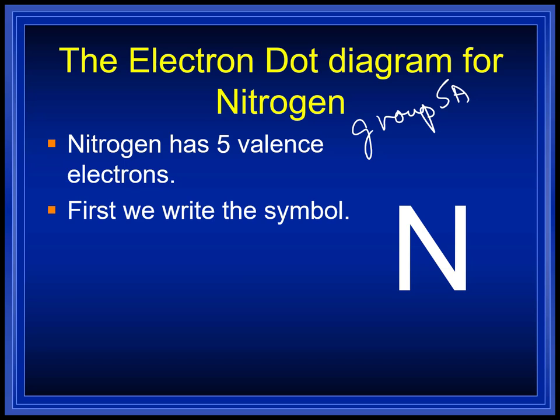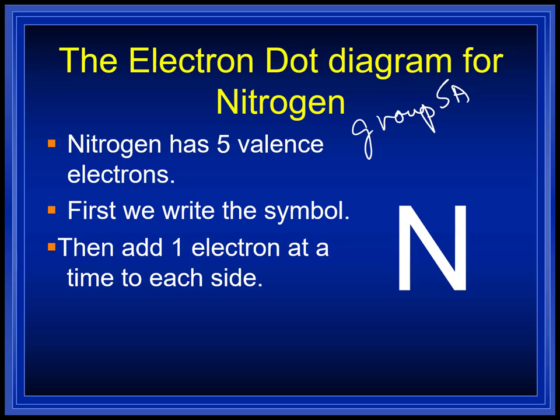Now I got to put in the dots. And where do they go? Well, one electron at a time. And the first one can go anywhere. I'll put it there. The second one can go anywhere except next to the first one. Third one can go anywhere except for the first two. The fourth one has to go on the fourth side.